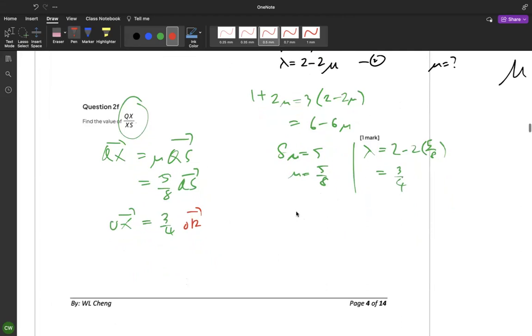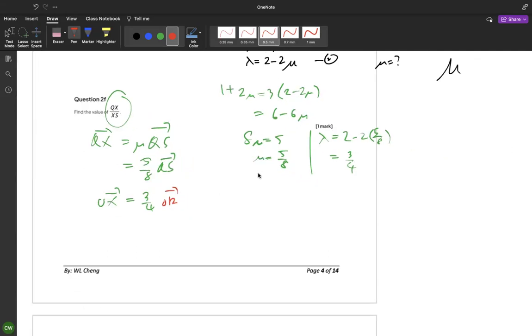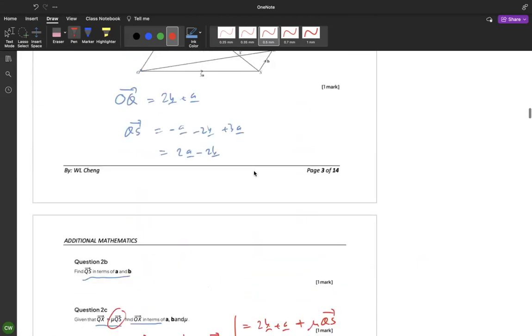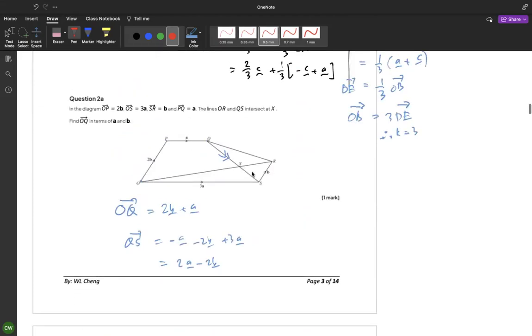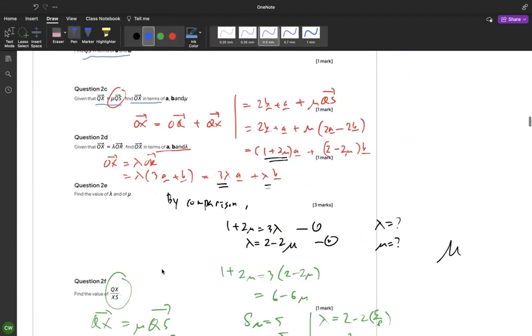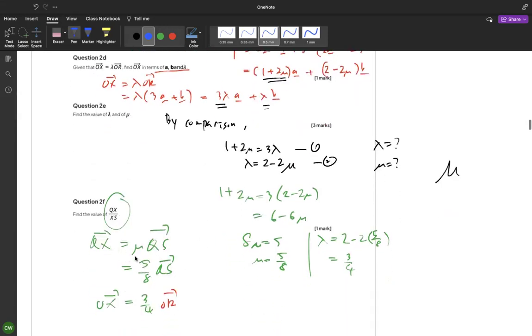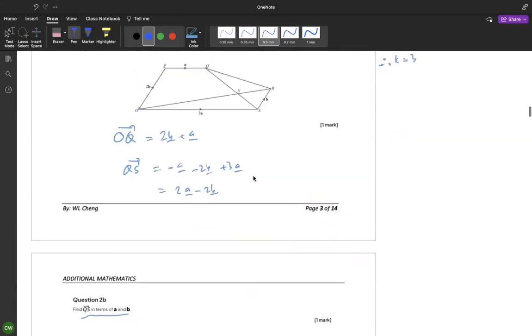Okay, now we have these two things. Can they help us to get this value or not? Let's think and see. Where can we find the QS on the diagram? QS is here. Let's try to see from the diagram. The first one we have is QS equal to 5 over 8 QS.